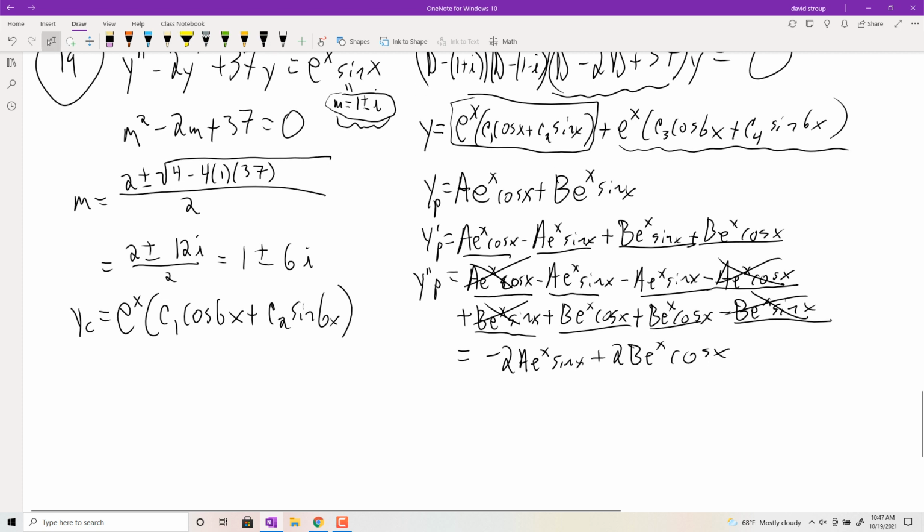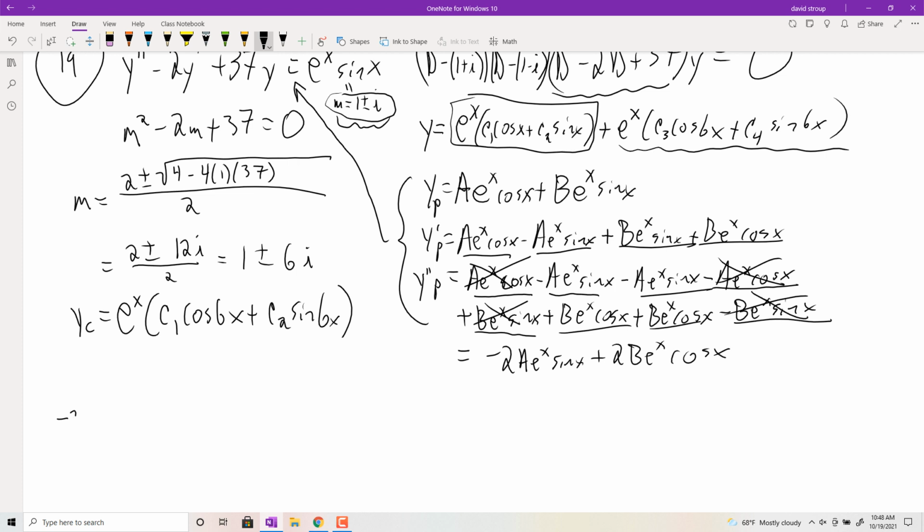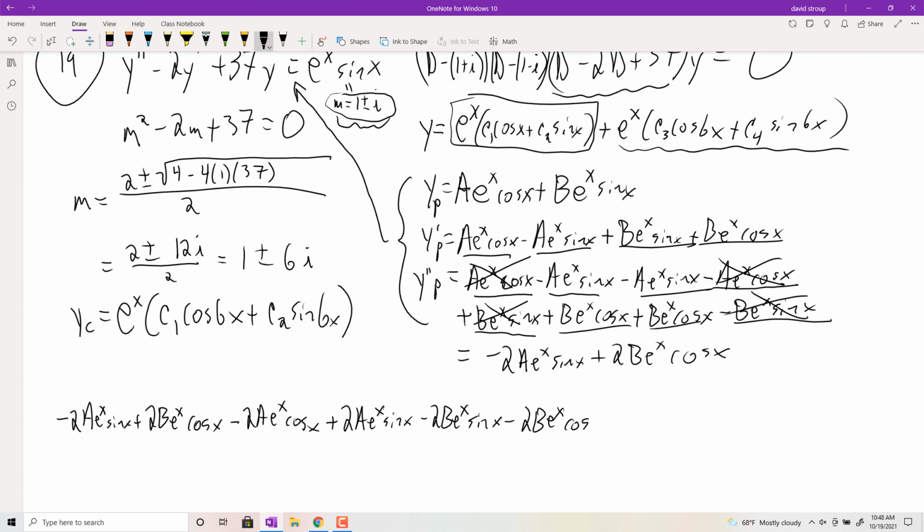Okay. All right, so now we take this particular solution stuff, all of this stuff, and plop it back into our original differential equation. So I'm going to get negative 2A e to the x sine x plus 2B e to the x cosine x minus 2 of the y prime, so minus 2A e to the x cosine x plus 2A e to the x sine x minus 2B e to the x sine x minus 2B e to the x cosine x.